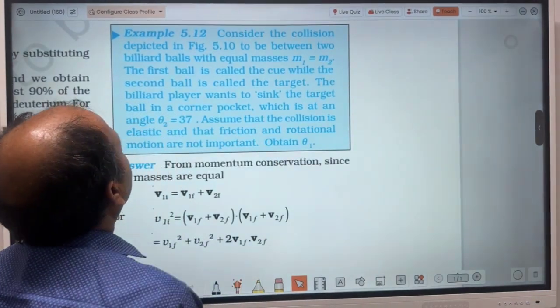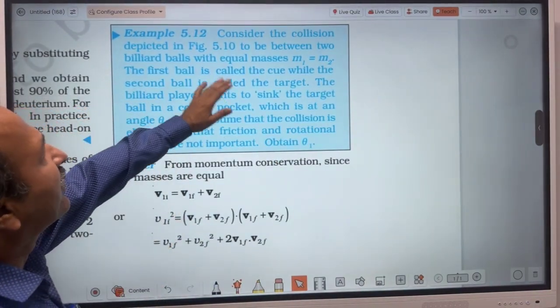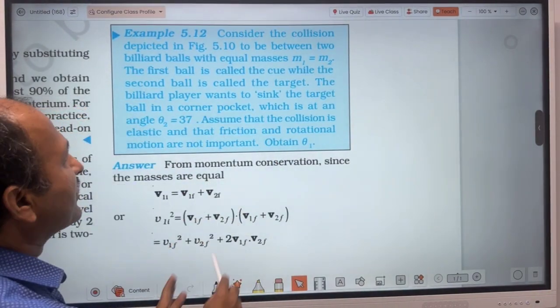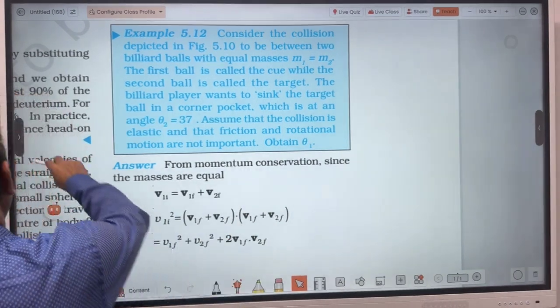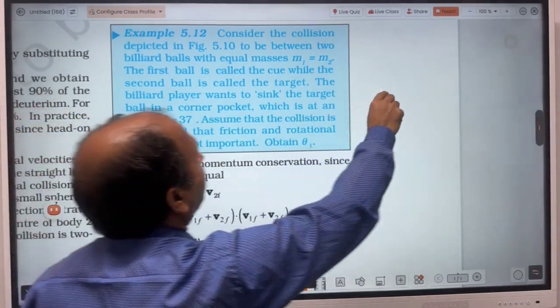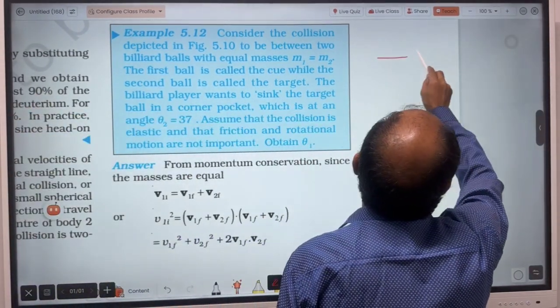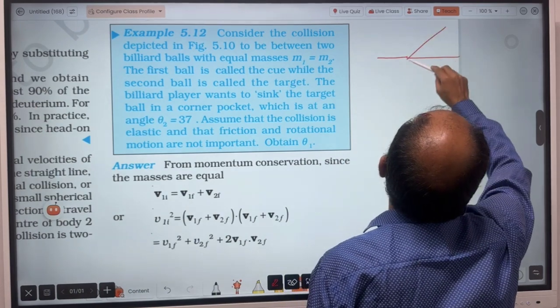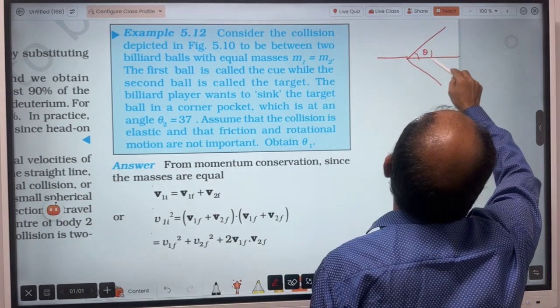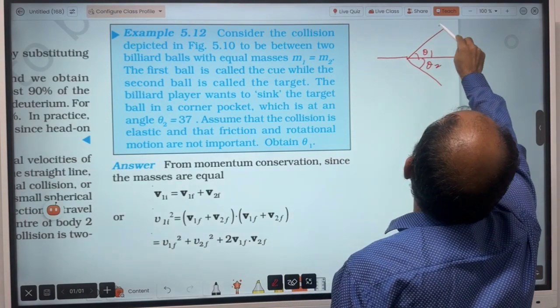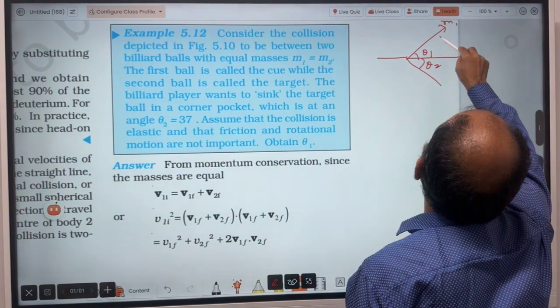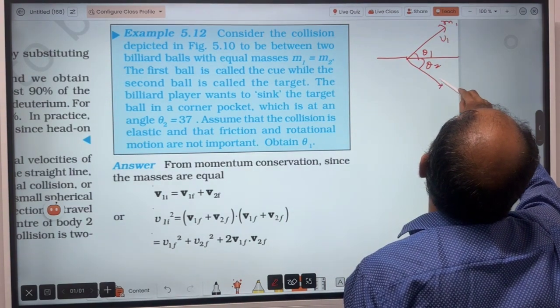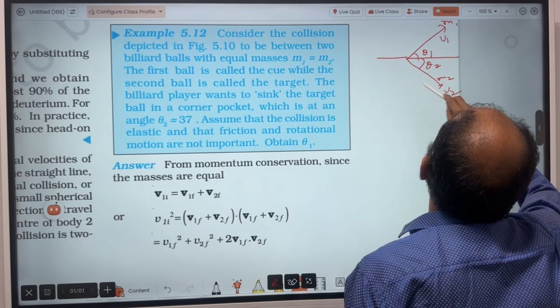Consider the collision depicted in figure 5.10. The same situation as I told you in two-dimensional motions. They are talking about this type of thing: this is theta 1, this is theta 2, and here m1 with velocity v1, and m2 moving with velocity v2.